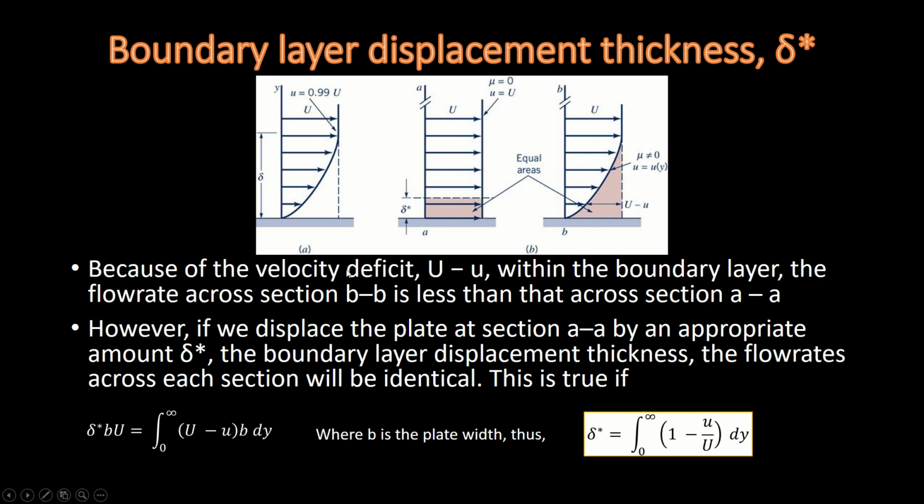Because of the velocity deficit, U minus u, within the boundary layer, the flow rate across section B to B is less than across section A to A. However, if we displace the plate at section AA by an appropriate amount, delta star, the boundary layer displacement thickness, the flow rate across each section will be identical.